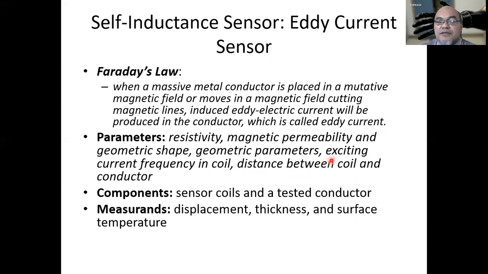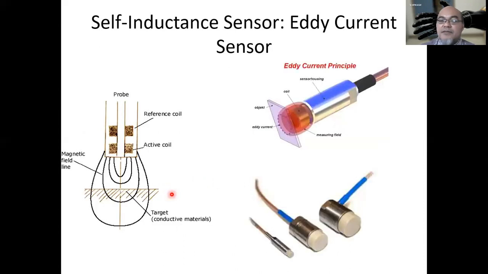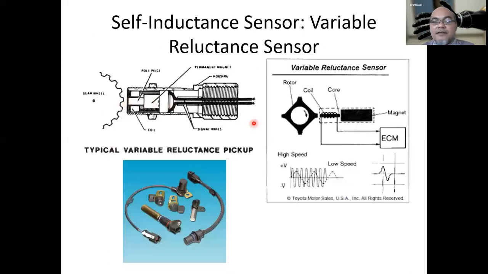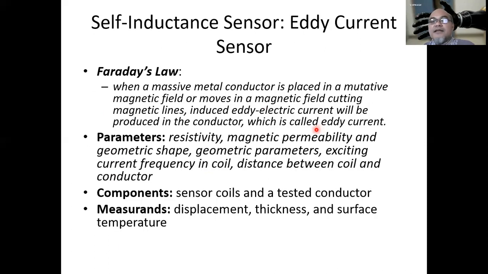Then also it depends on the exciting current frequency in the coil, and the distance between the coil and the conductor. So the components in an eddy current sensor are the sensor coil itself, and then the tested conductor.